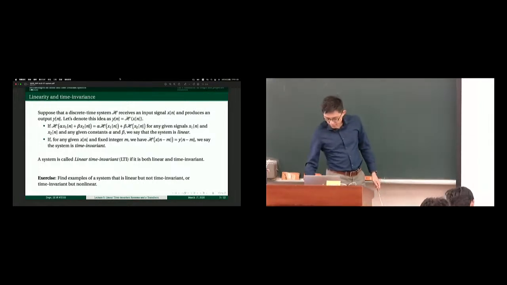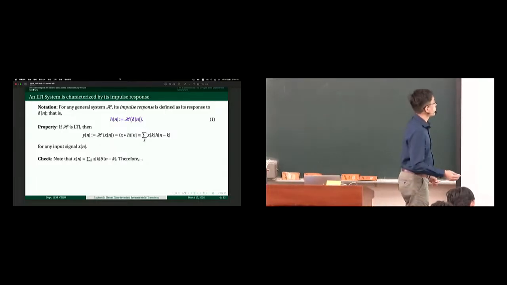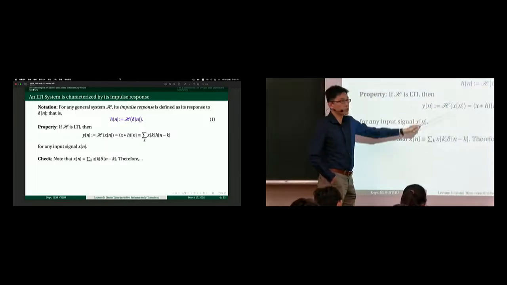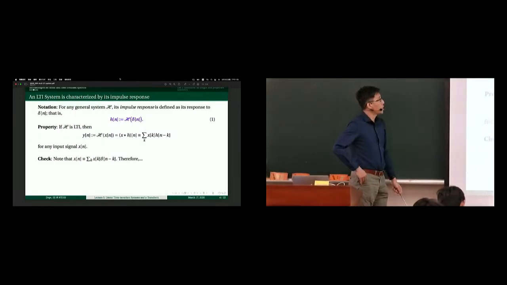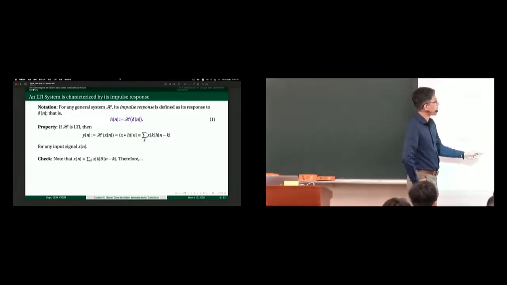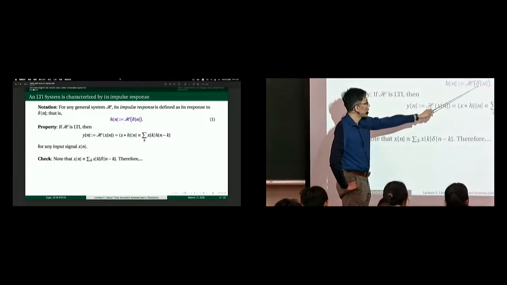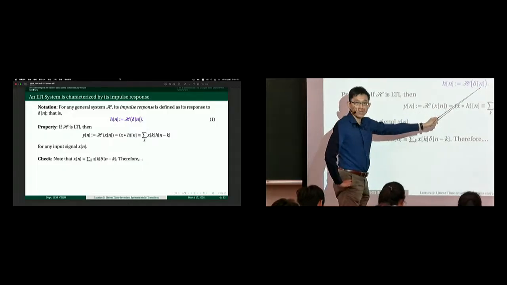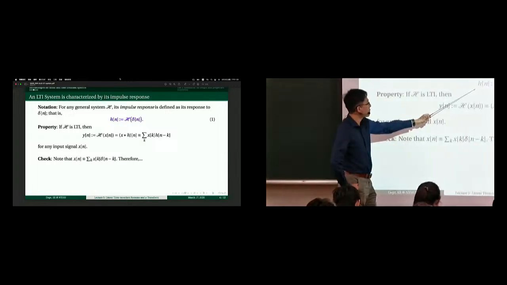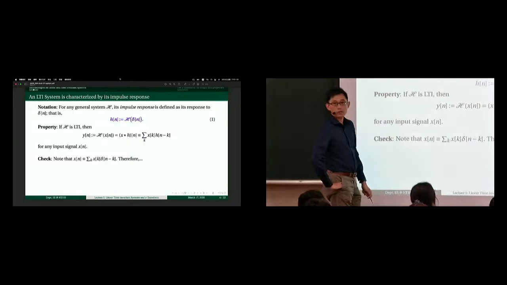So with this definition, we also brought to you the importance of the impulse response when we discuss an LTI system. The impulse response, by definition, is the system's response when the input is delta. When the input is 1 unit of delta, the resulting output is called the impulse response.